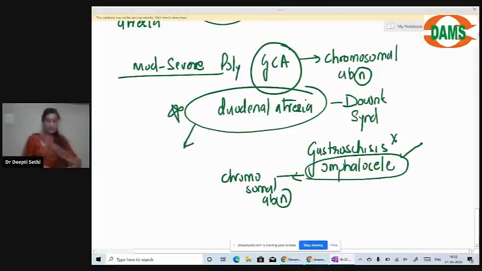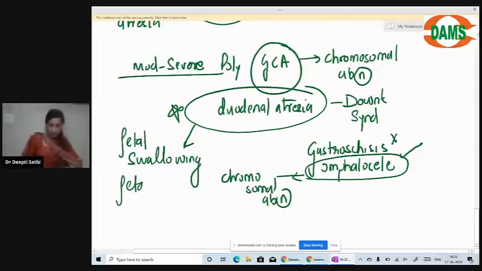Coming to the explanation of why a baby with duodenal atresia should have poly. If we talk about regulation of amniotic fluid, the two important mechanisms for regulation are fetal swallowing and fetal urination, right?